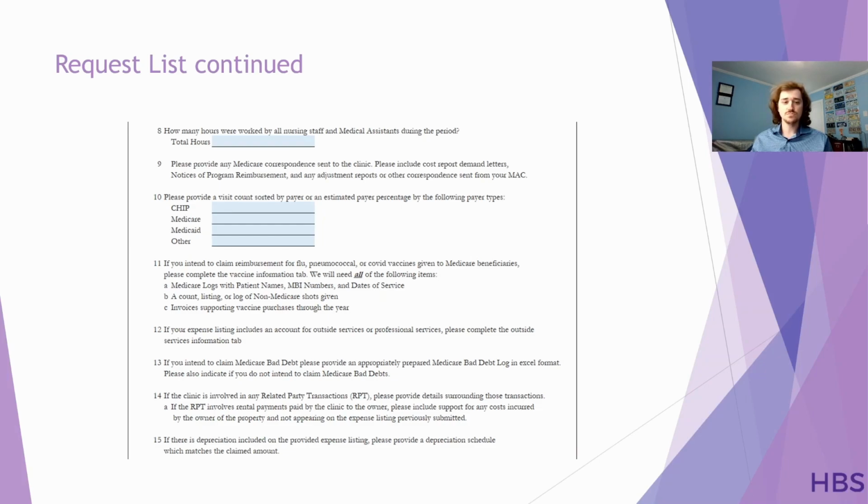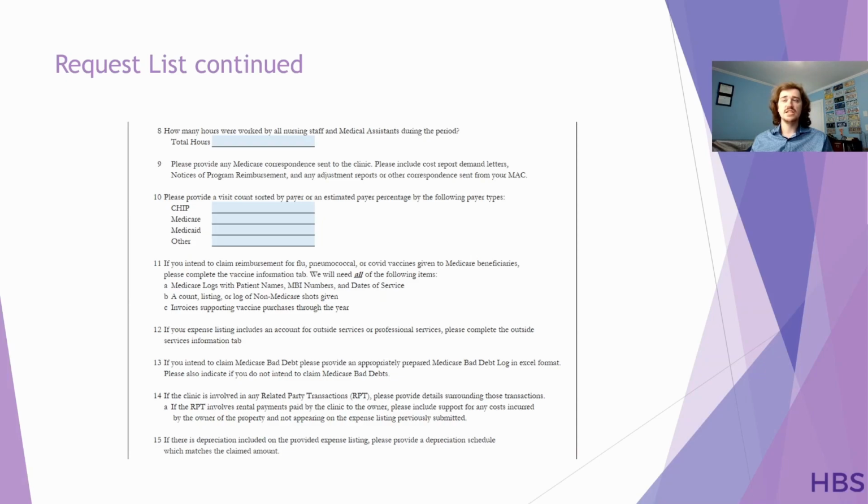And so if that's incorrect on this end because we don't have the proper information, then what's going to happen is when the MAC reviews it, they're going to see that their information is different from what's on the report. And it usually ends up in a bigger surprise payment down the line when they review it. So we want to make sure that we have all of that on the front end.